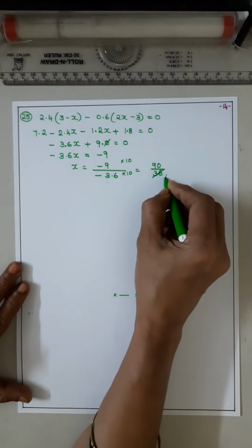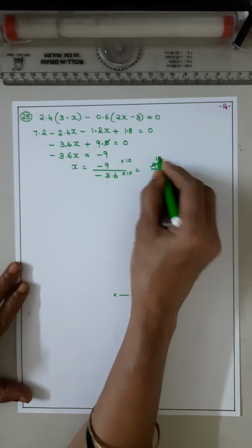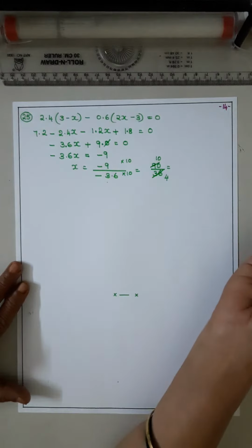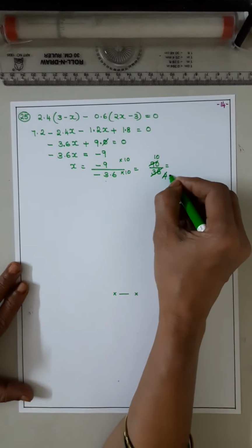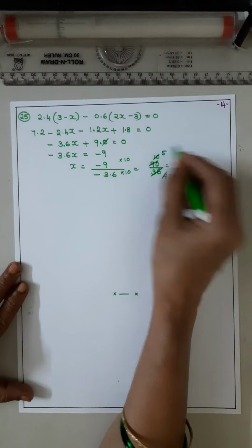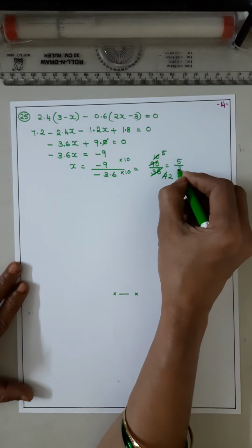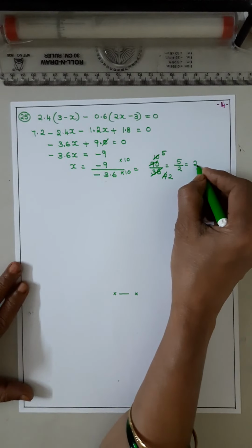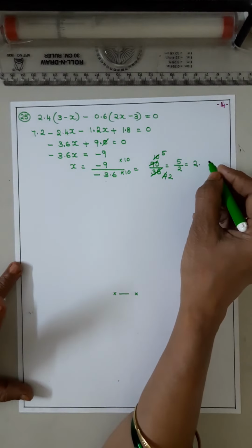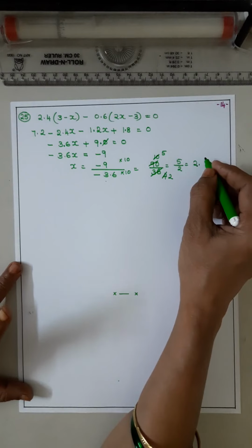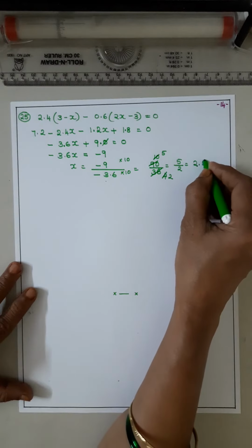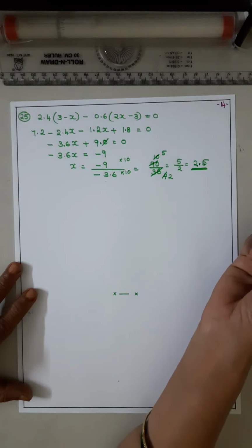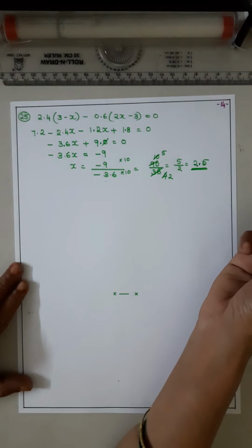Now 9 4s are 36, 9 10s are 90, isn't it. Now 2 2s are 4, 2 5s are 10, meaning 5 by 2. 2 2s are 4. 1 remains. If we take an extra 0 then 10. So 2 5s are 10. So the answer is 2.5. x is equal to 2.5.